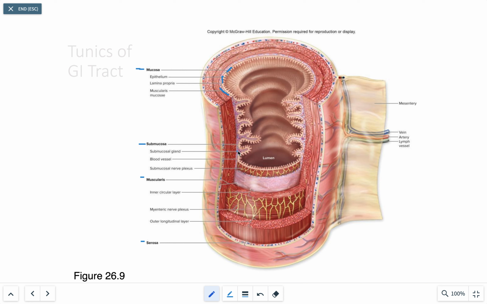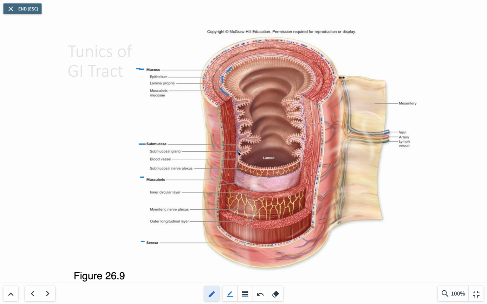And inside of these, we're also going to have the lymphatic ducts. So any of your fat-soluble material is going to enter into this, and then eventually into the lymphatic vessels.